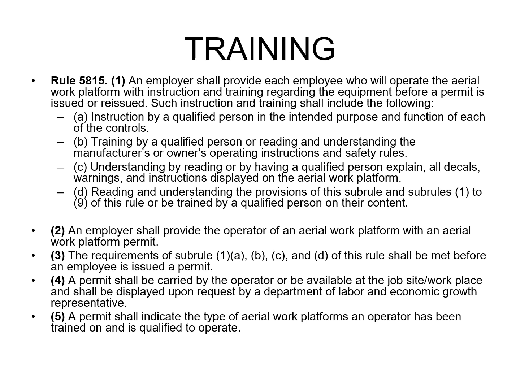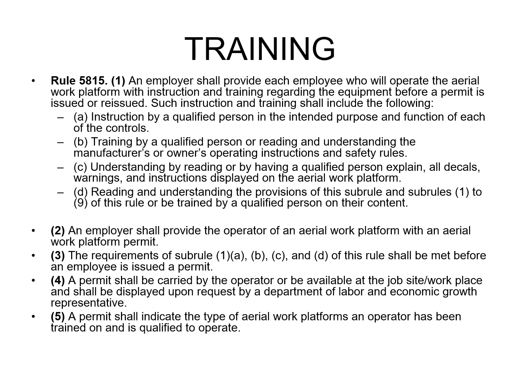Such instruction and training shall include the following: instructions by a qualified person in the intended purpose and function of each of the controls; training by a qualified person or reading and understanding the manufacturer's and owner's operating instructions and safety rules; understanding by reading or by having a qualified person explain all decals, warnings, and instructions displayed on the aerial work platform; reading and understanding the provisions of this sub-rule and sub-rules 1 to 9 of this rule, or be trained by a qualified person on their content.